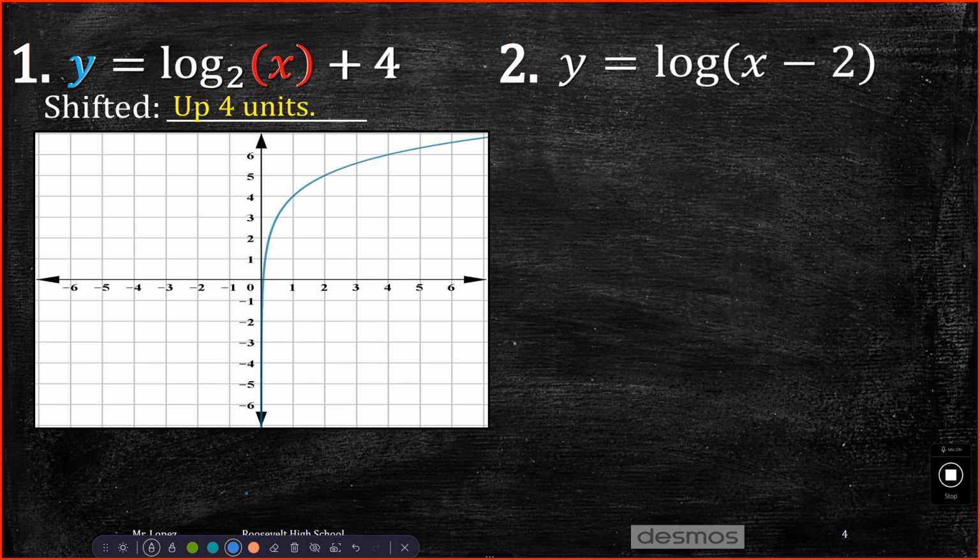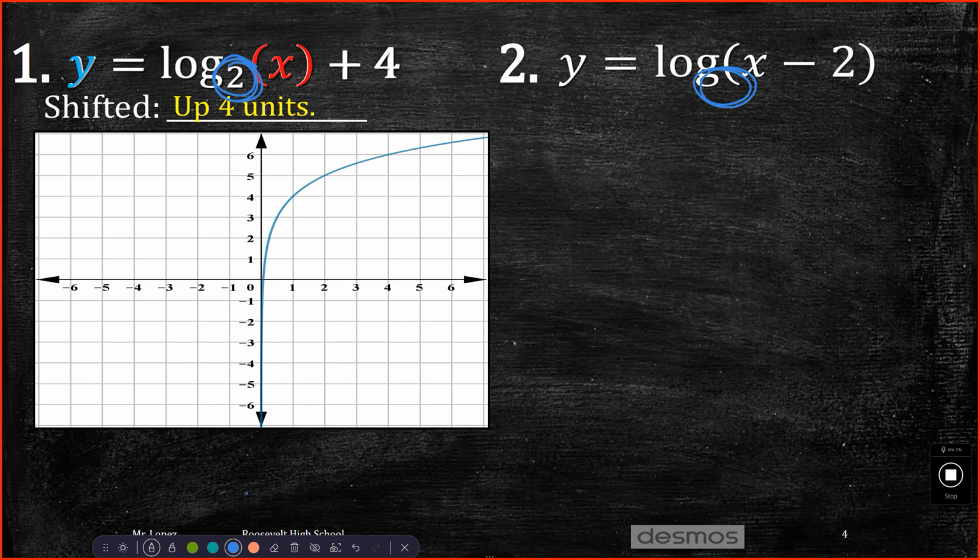How about number 2? Here's a very good thing to recognize. Problem 1 has a base 2. It's telling you log base 2. But this one over here doesn't have a base. What do you think is the missing number that should be there? It is not 2.